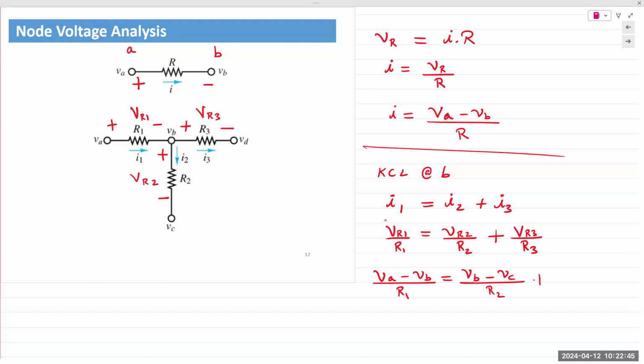And then VR3 is VB minus VD. Where VA, VB, VC, and VD are my unknown variables. Resistor values will be known. I will plug in the equations, and then I can reduce and get a set of linear equations.